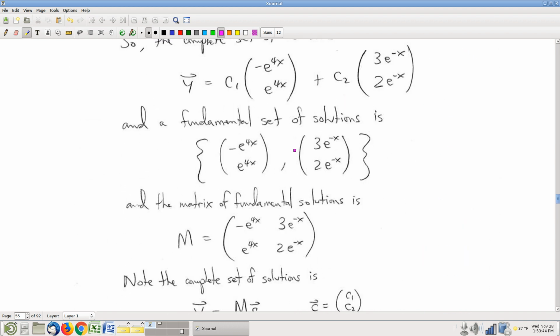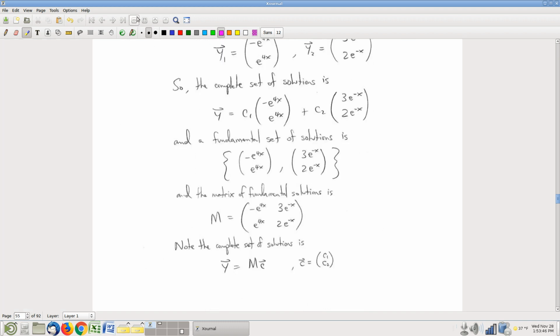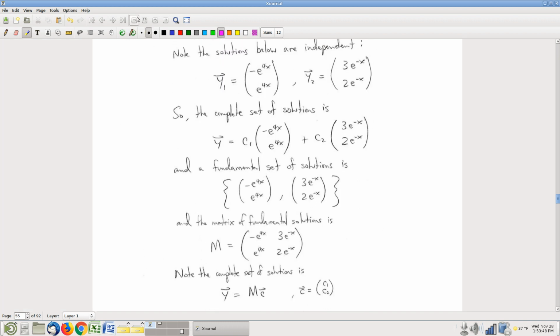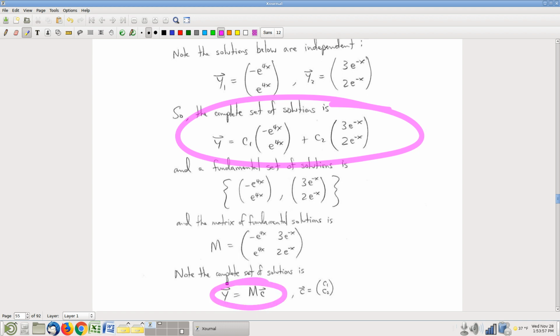Look at this complete set of solutions here. Let me zoom out one notch. This complete set of solutions. And just observe that formula is exactly the same as that. The matrix M has those columns.